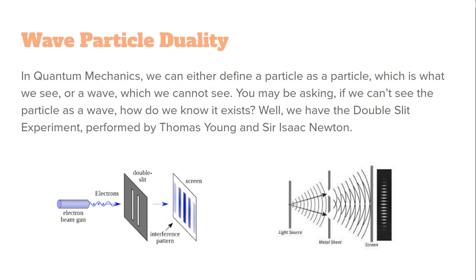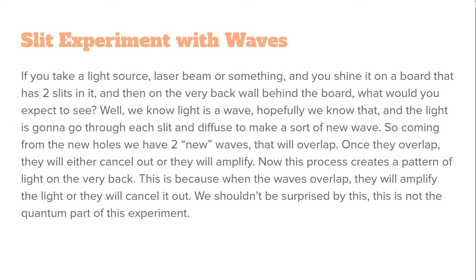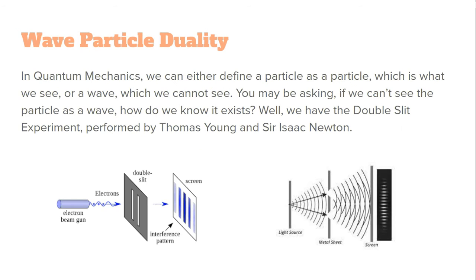So basically, let me show you. If you take a light source, like a laser beam, and shine it on a board that has two slits in it, you will see it on the very back wall behind the board. What would you expect to see? Well, we know light is a wave. Hopefully we know that. The light's going to go through each slit and diffuse to make sort of a new wave, as you can see from here.